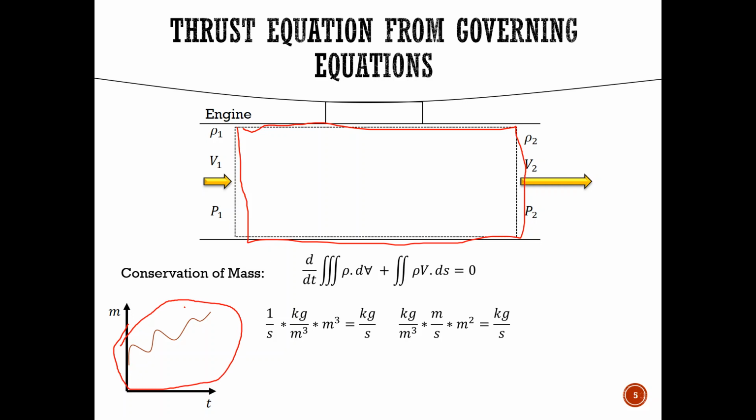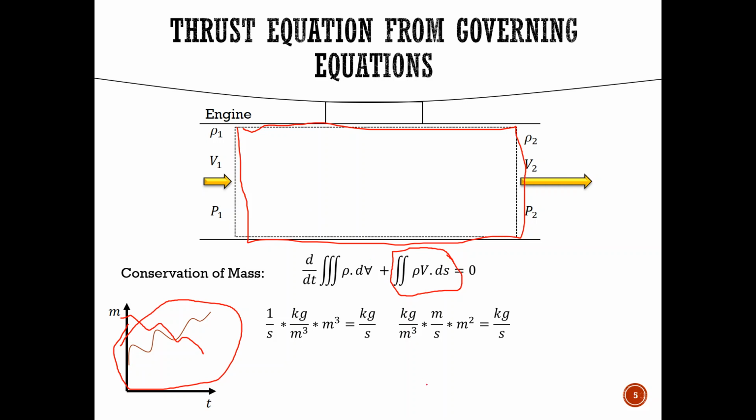But mass cannot increase or decrease automatically, because mass cannot be created or destroyed. So if mass is increasing, there has to be some other element accounting for that increase, and that's where the second term comes in.